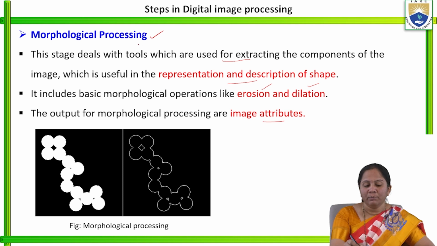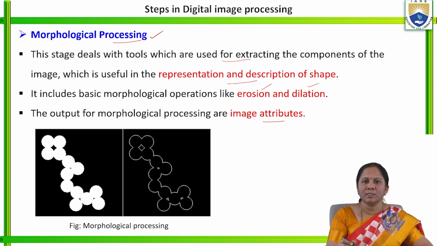Before coming to this morphological processing, we have seen different blocks in the fundamental steps of image processing. The output of all those blocks will be images. But from this morphological processing block, the output will be image attributes.